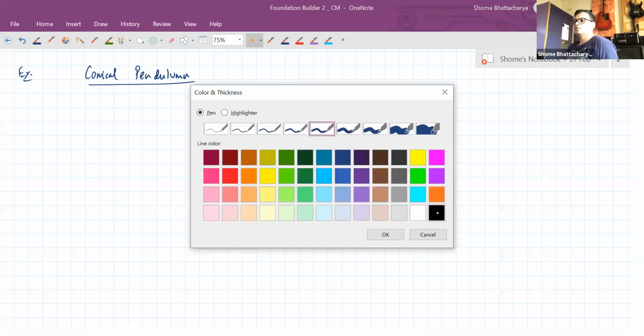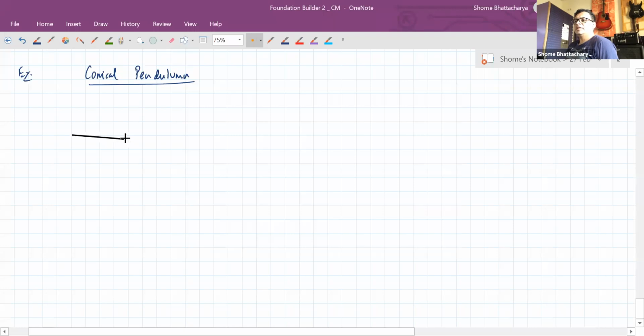It basically consists of a thread used to suspend a particle vertically from a given point. Again, the thread is attached to the ceiling at this point O. The length of the thread is L, let's say, and there's a particle attached at the bottom.